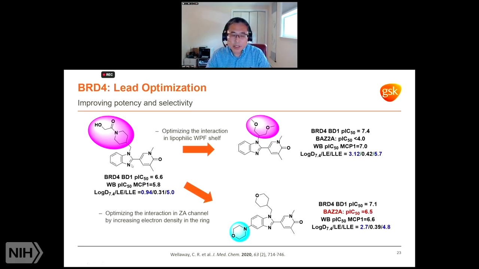The potency of this series can also be improved by adding a morpholine group in where the DNA vector was, resulting in a compound with improved potency, but in this case, it lost selectivity against BAZ2A.